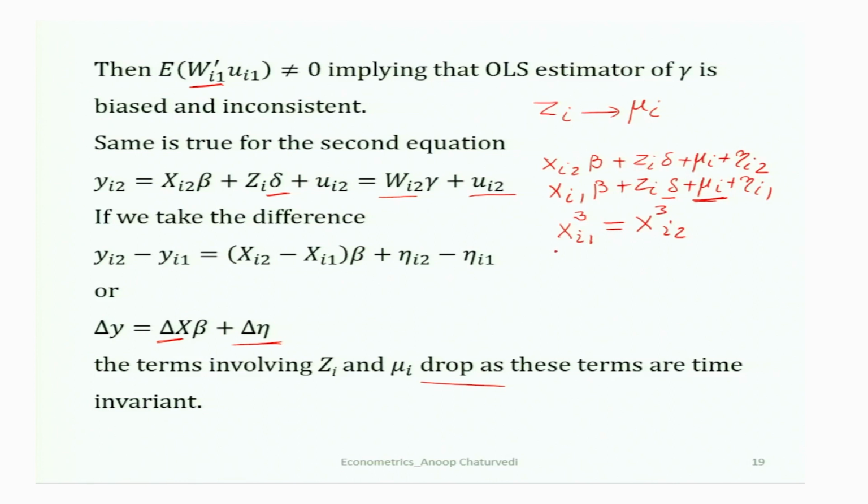Then if we take the first difference, the effect of that particular variable will also be omitted. So, this variable also drops out. So, the variables which are time invariant, even if those variables are not correlated with mu i's, also drop out, and you will not be able to estimate the corresponding regression parameters.